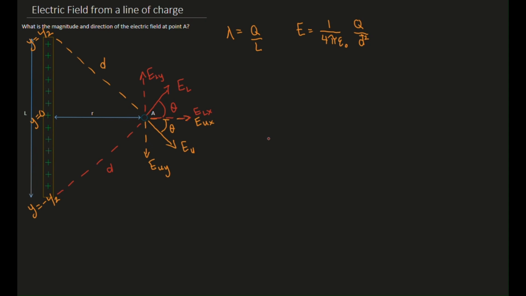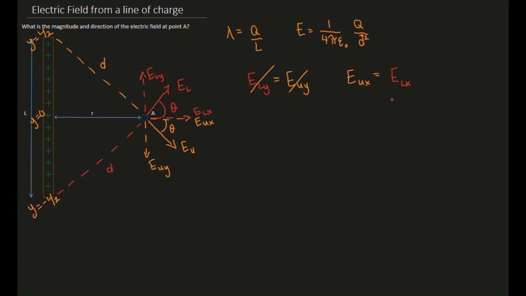So let's look at the y components first. The lower half's y component is equivalent to the upper half's y component, but opposite in direction, so they cancel out. The x component from the upper half is equal to the x component from the lower half, equal in magnitude and direction.